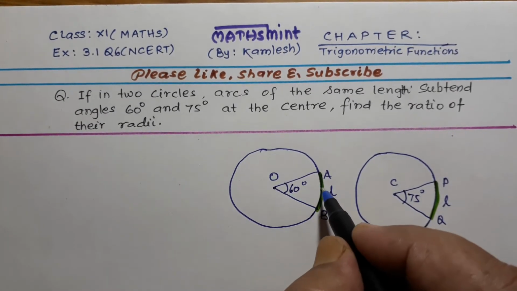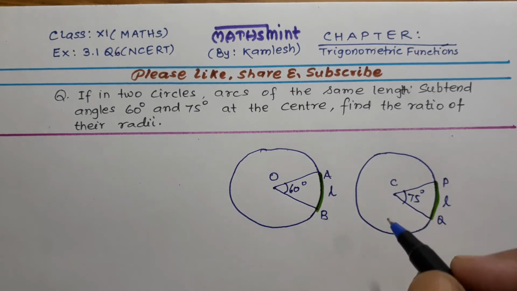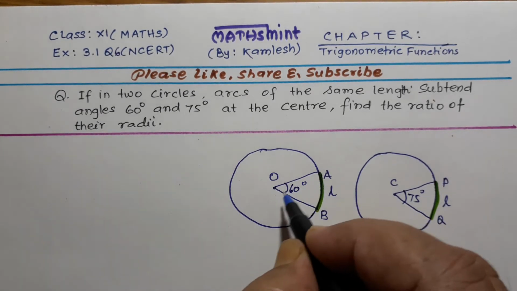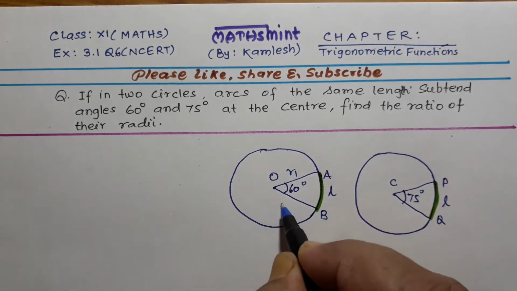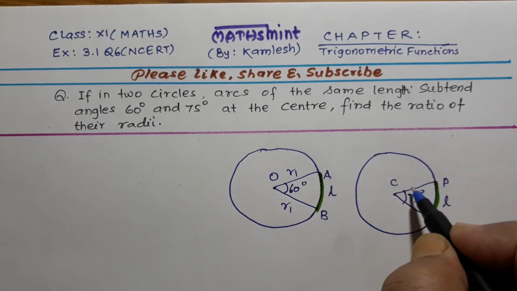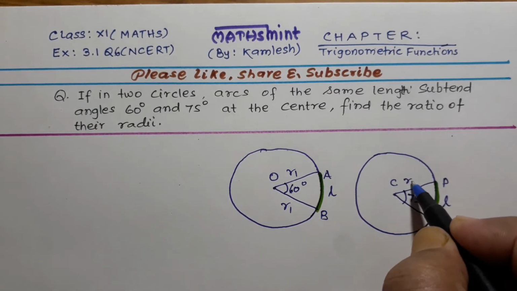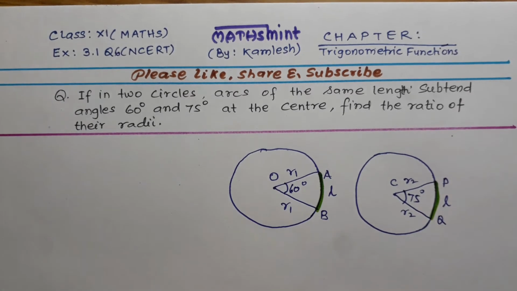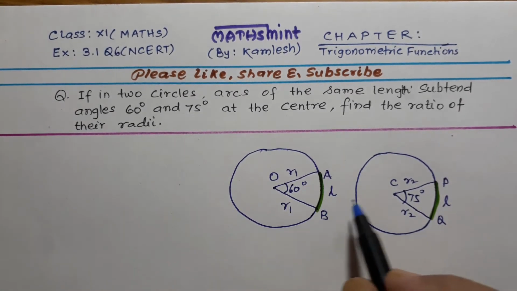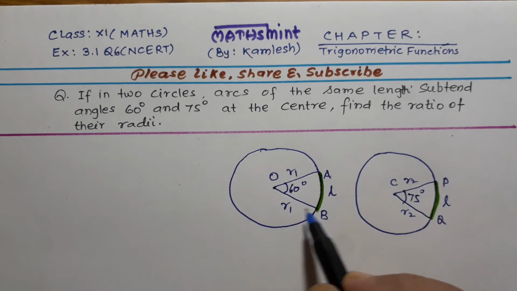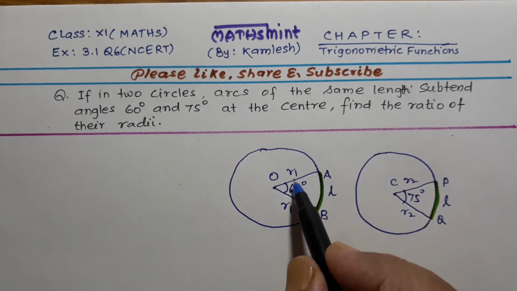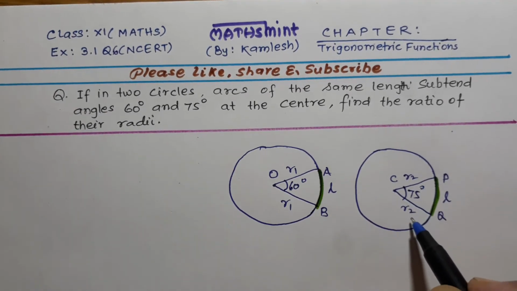Suppose the radius of this circle is r1, and of this circle the radius is r2. So we have to find the ratio of the radii, means the ratio of r1 and r2.